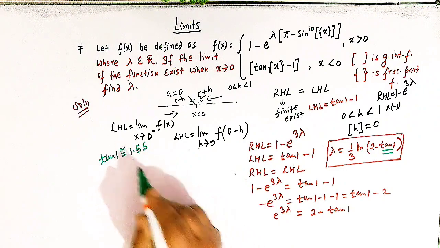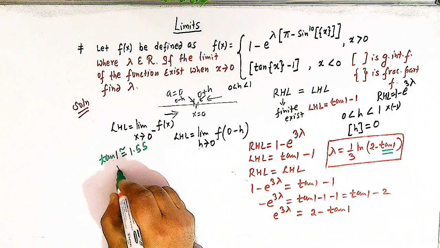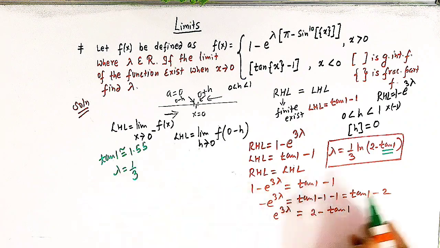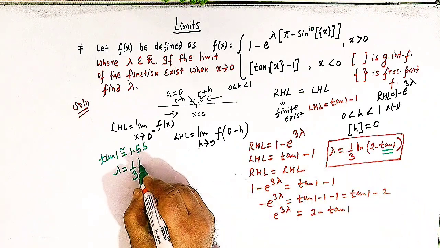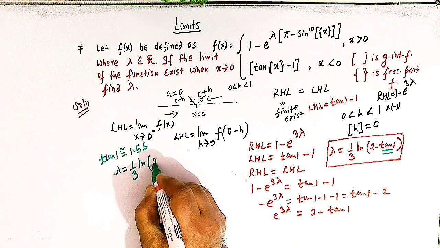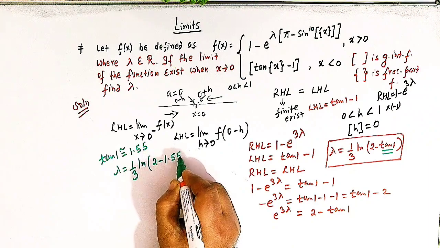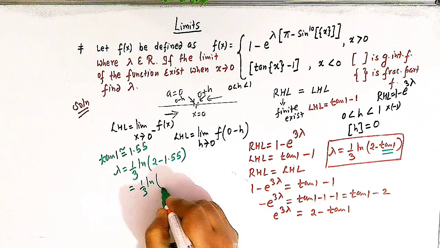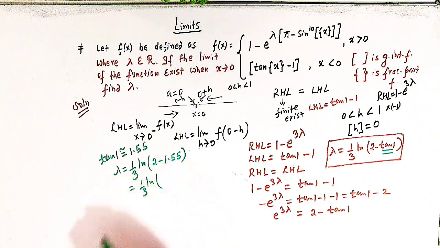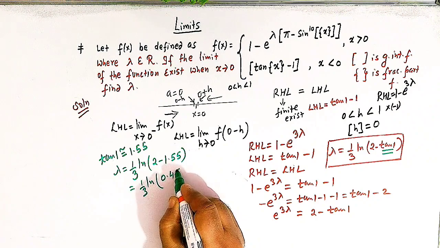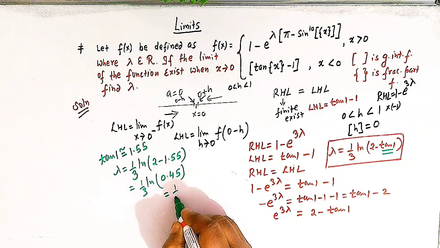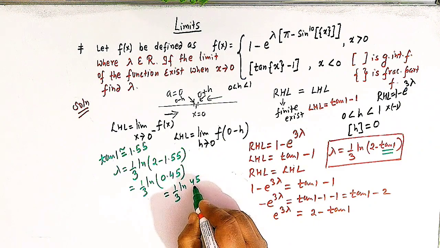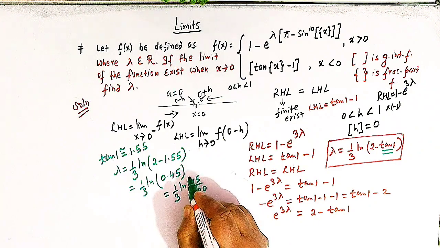So substituting this value over here, the value of lambda can further be simplified. So we have 1 over 3, and here we have natural log of 2 minus 1.55. So now we can simplify it. 1 over 3 natural log of 2 minus 1.55 is 0.45, and this is 1 over 3 natural log of 45 over 100, right?